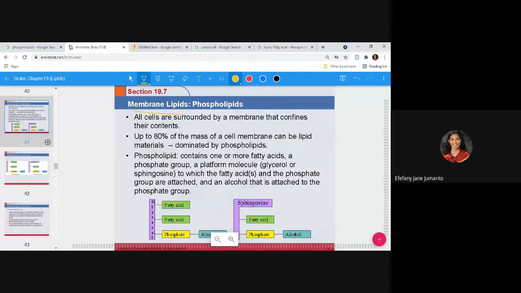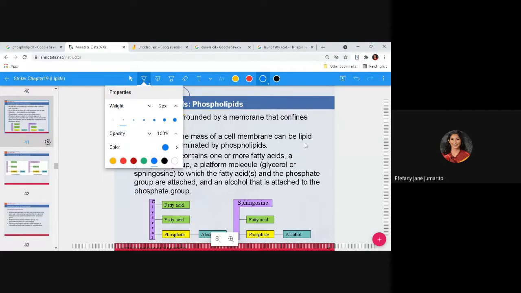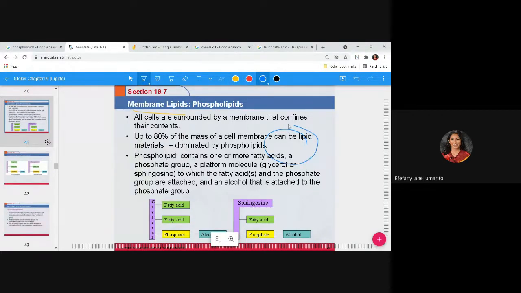Okay, so we know that we have the cell. What is a cell?